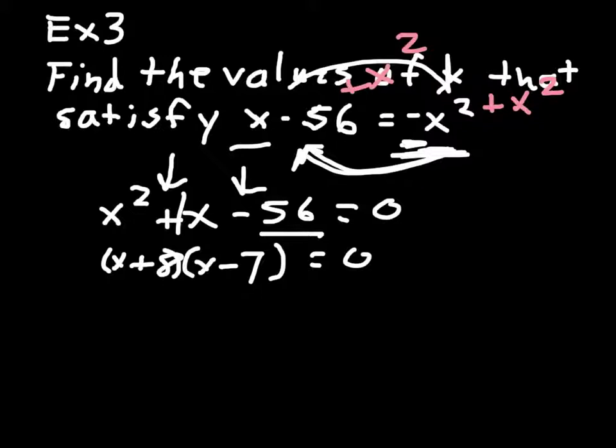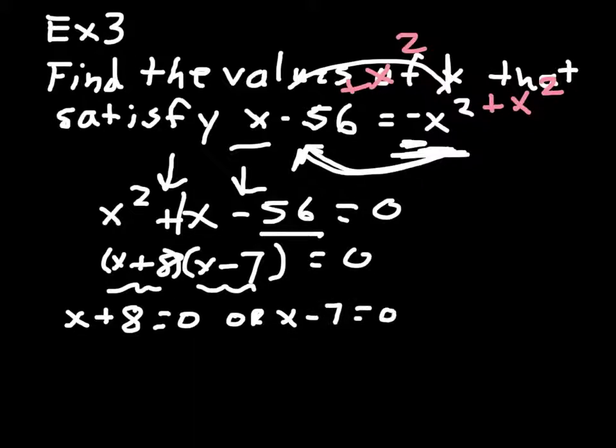Now let's finish this out now. Either this equals 0 or this equals 0. So either x plus 8 is equal to 0, or x minus 7 is equal to 0. Now if I solve the one on the left, I get x equals a negative 8 because I'd have to subtract 8. Over here I'd get x equals 7 because I add 7 to both sides.